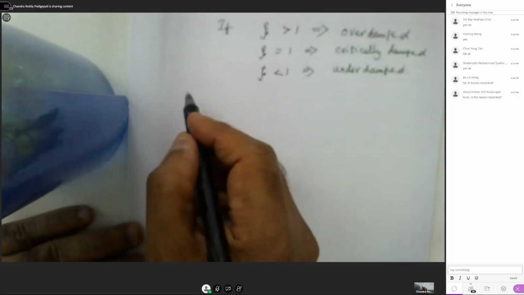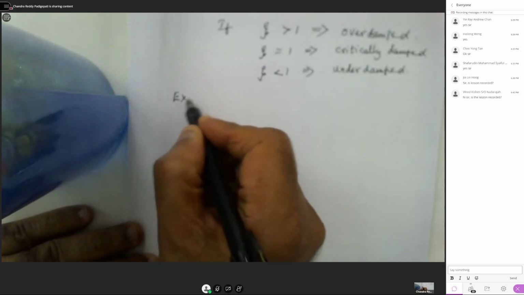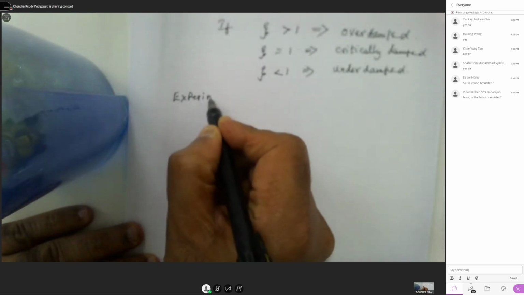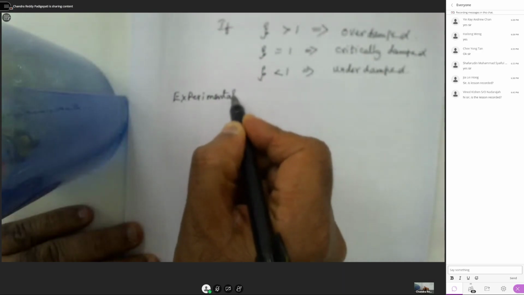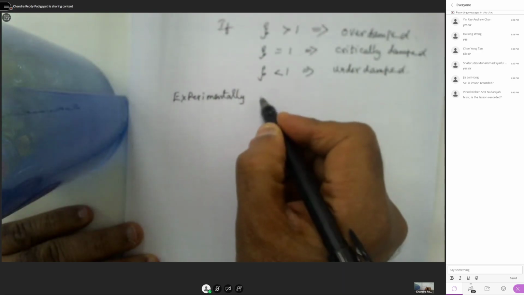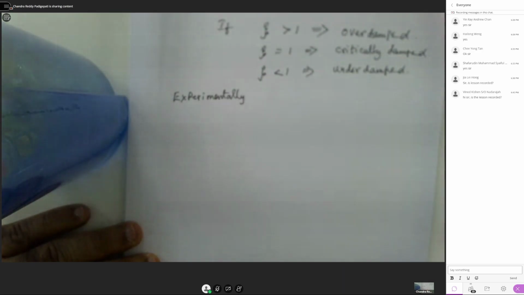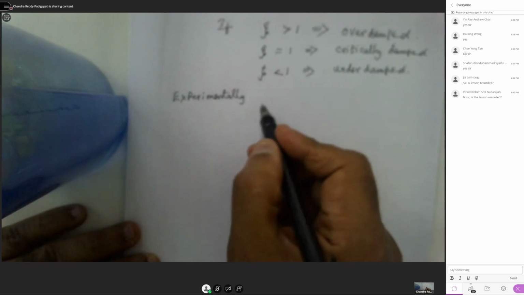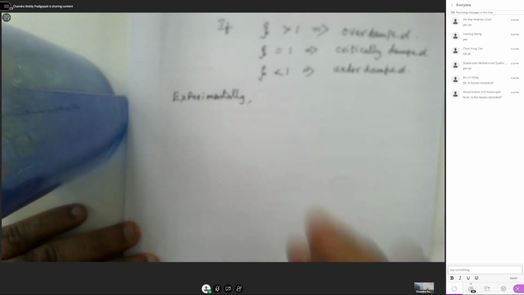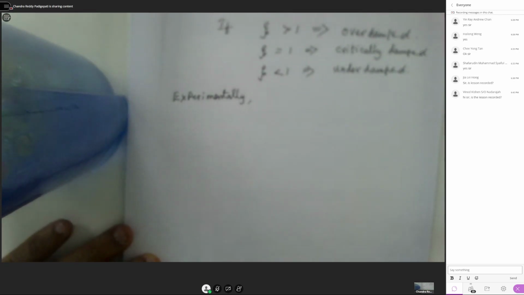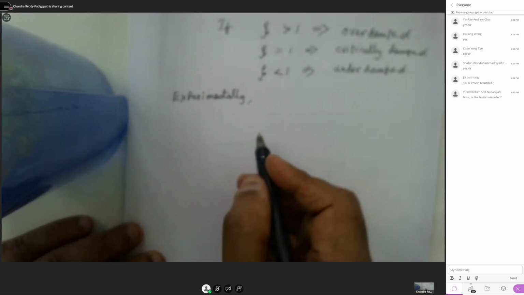Okay, now experimentally, we can study the response of the system by measuring the amplitudes. So we define the ratio of two successive amplitudes and the natural logarithm of it.